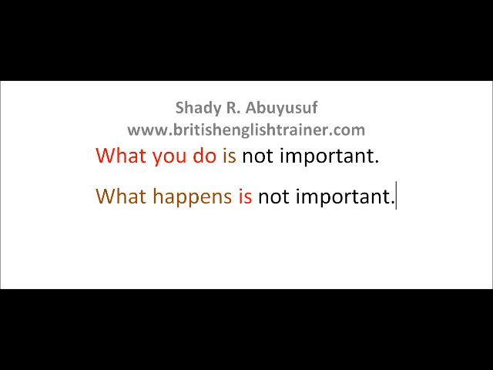Now what happens is a noun clause, and what you do is also a noun clause. But there is a big difference between these two noun clauses. Let's look at this one that is highlighted. We've got what, which is a connector, we've got you, which is a subject, and we've got do, which is a verb. But when you look at this one here, we've got what, which is a connector, and then we've got happens, which is a verb.